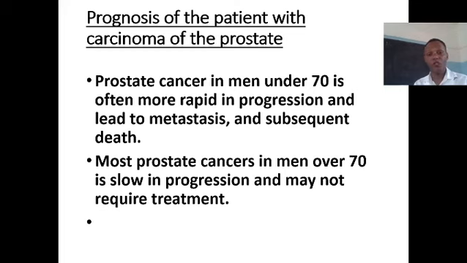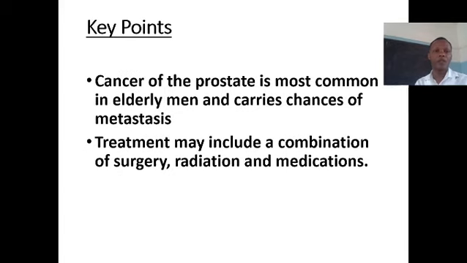Most prostate cancer in men over 70 years is slow, and the progression may not require treatment. Key points: cancer of the prostate is most common in elderly men and carries chance of metastasis, and treatment may include combination of surgery, radiation, and medication.